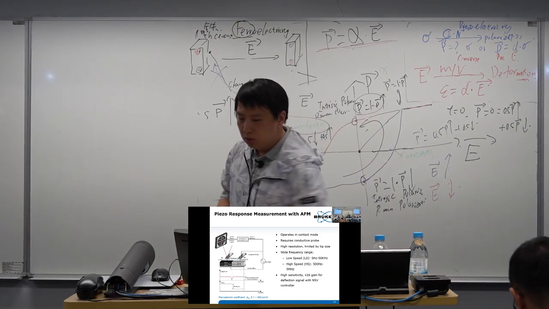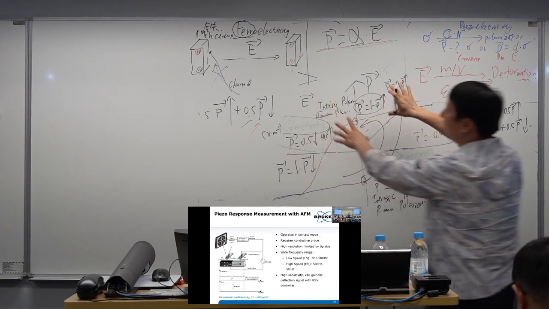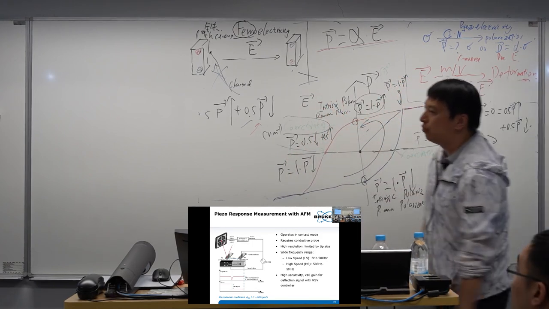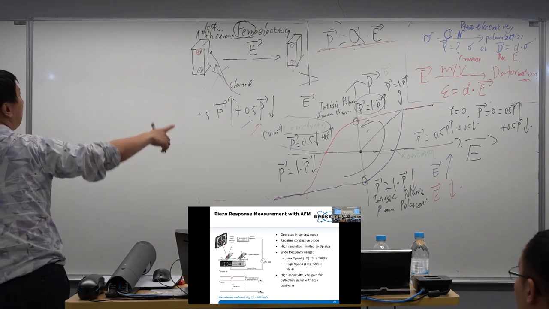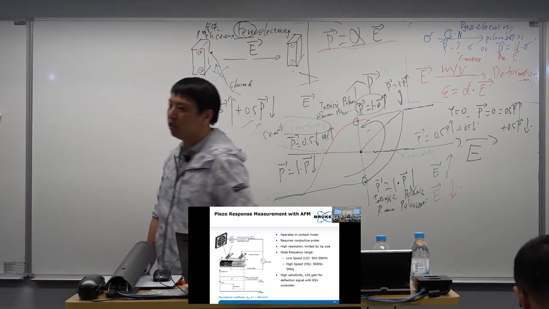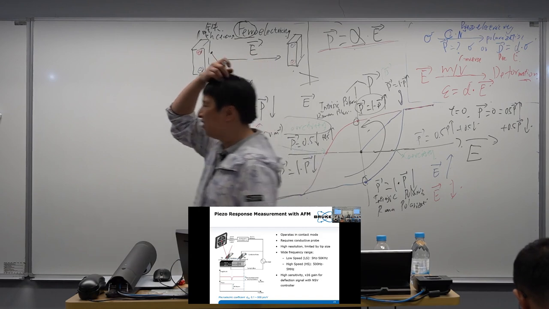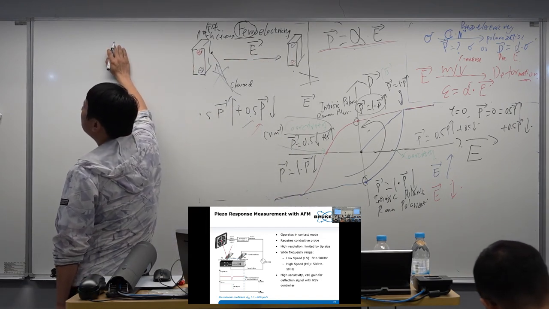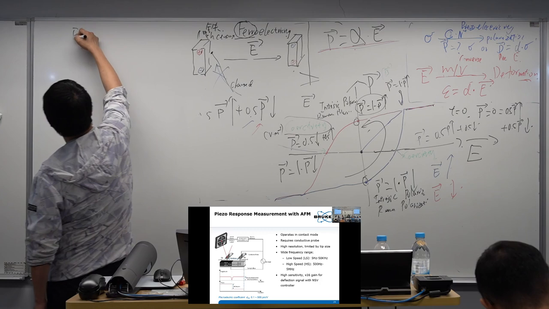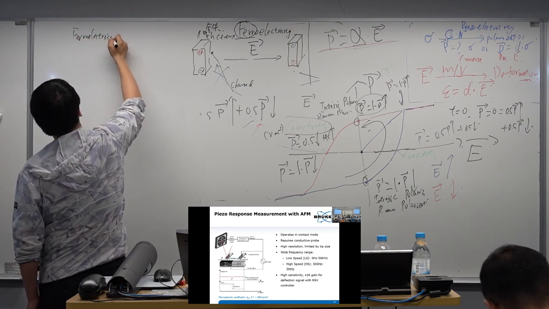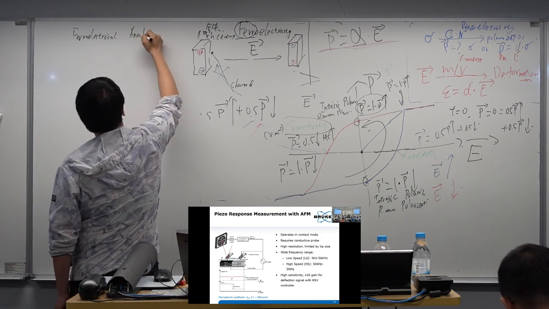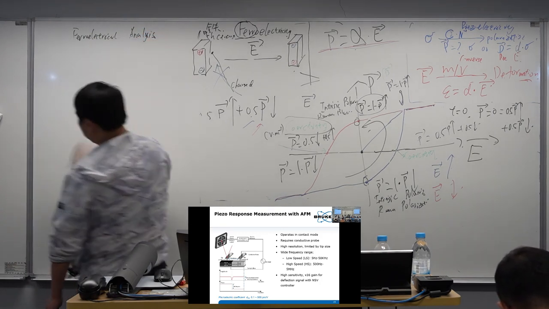Okay, so once we know the idea here, we need to find a machine to study the ferroelectricity. And this machine, I forgot the English name, it's the ferroelectric analyzer.